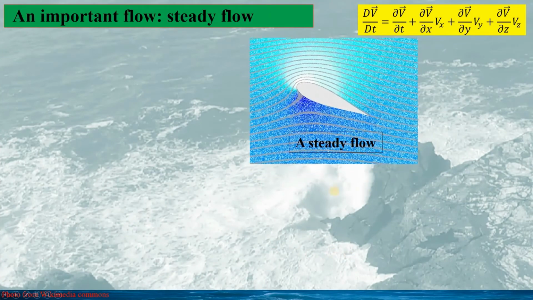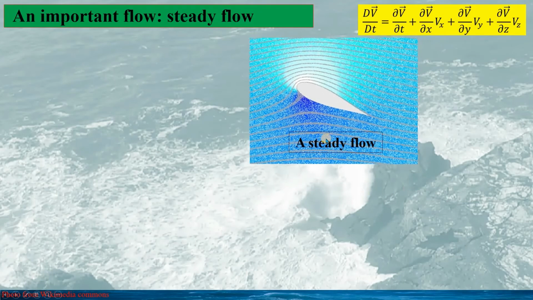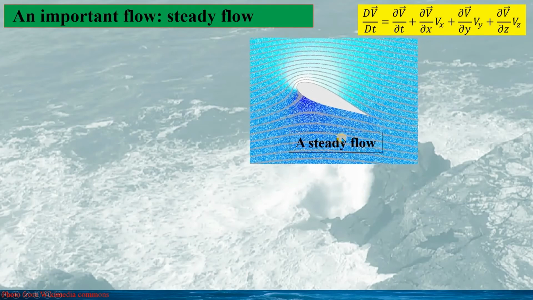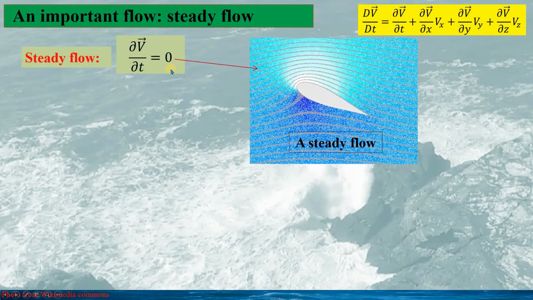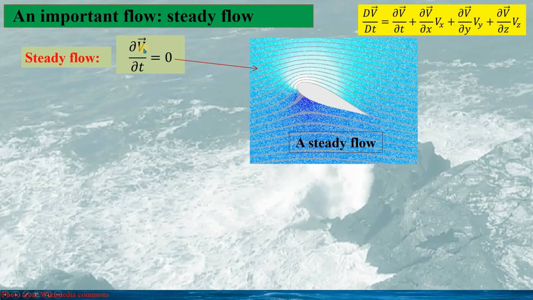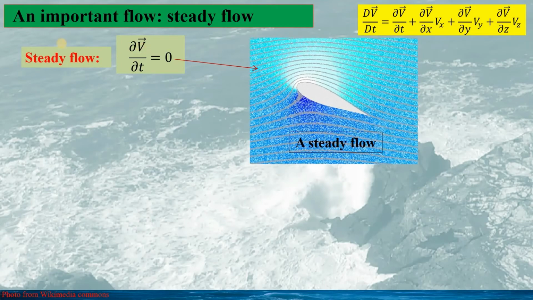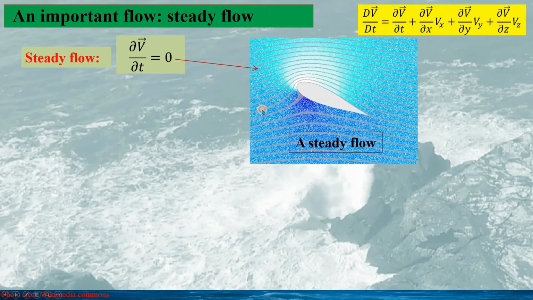In this slide, we will look at an important flow, a steady flow, the flow past an airfoil. For a steady flow, the mathematical equation is given as the partial differentiation of the vector velocity with regard to time. So what does this mean?